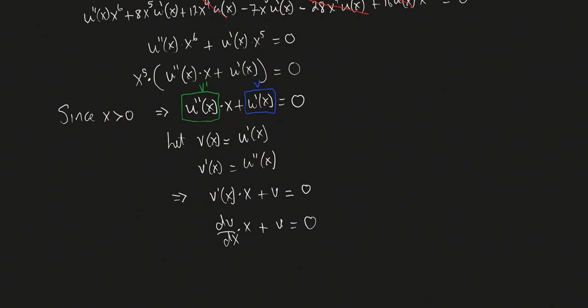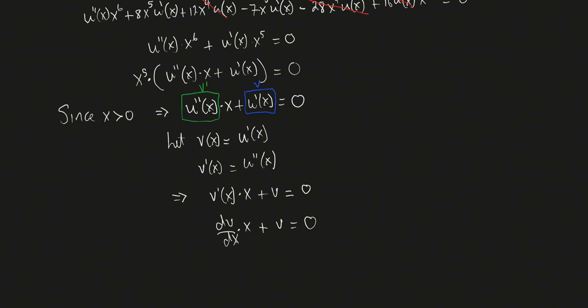So I'm going to use separation of variables to try to figure out what v has to be, or at least figure out one solution here, because that's all we need. We just need one function that would satisfy this. And once I figure out v, maybe I can go back here and figure out u. Maybe. Let's see if that will work.